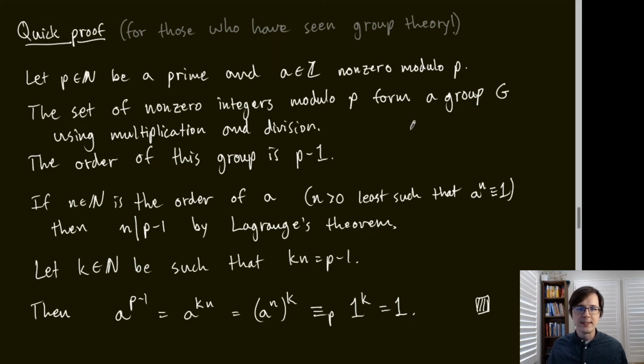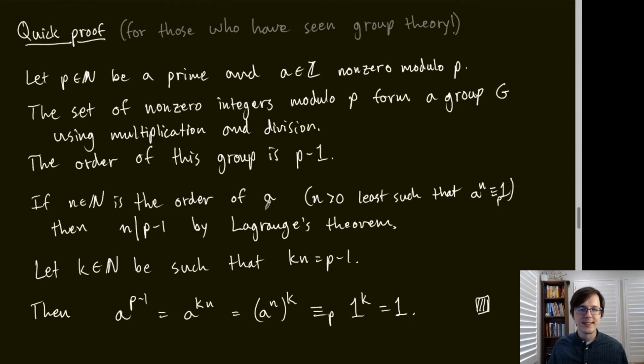The order of this group is p minus 1, because the number of residues that aren't 0 is p minus 1. The order of an element is the least positive number such that a to that number is congruent to 1 mod p. And by Lagrange's theorem, the order divides p minus 1.